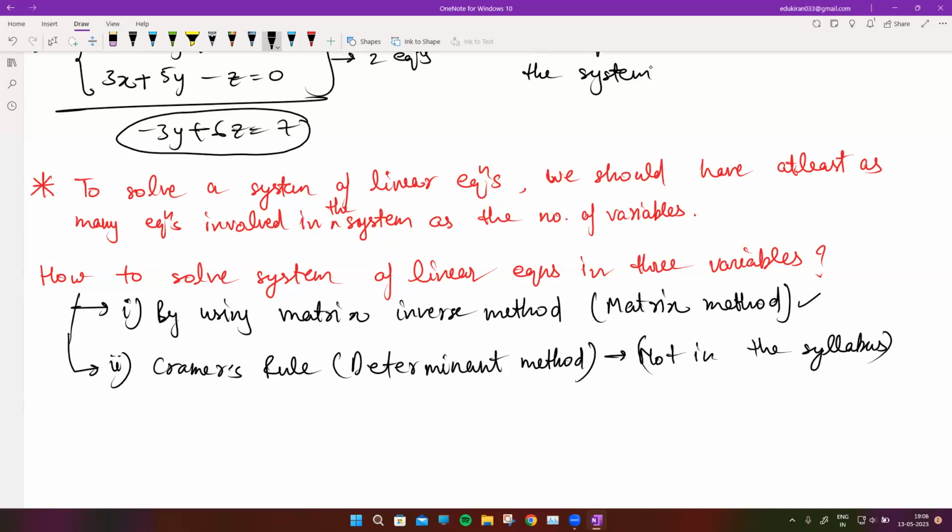Let's understand what we mean by the matrix method. So we'll be given a system of linear equations first of all, and we'll be identifying some of the values. Okay. Let's do this.